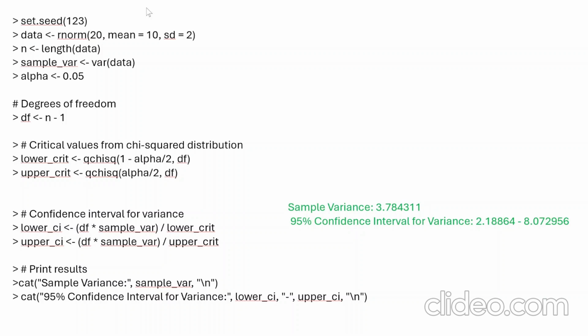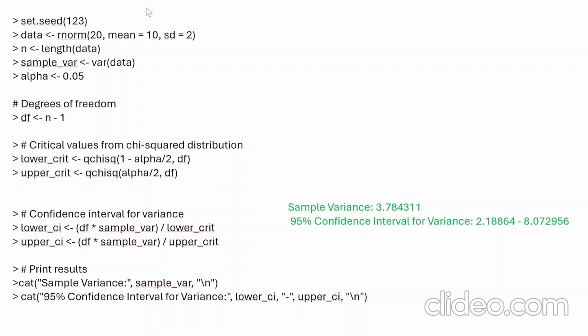So here there are two parameters we have to give: alpha and the degree of freedom. Now the critical value functions are defined. Then we give the confidence interval for the variance: the lower CI is given by df times sample variance divided by the lower critical value, where the lower and upper critical values are just chi of 1 minus alpha by 2 and chi of alpha by 2. That's all, nothing else.